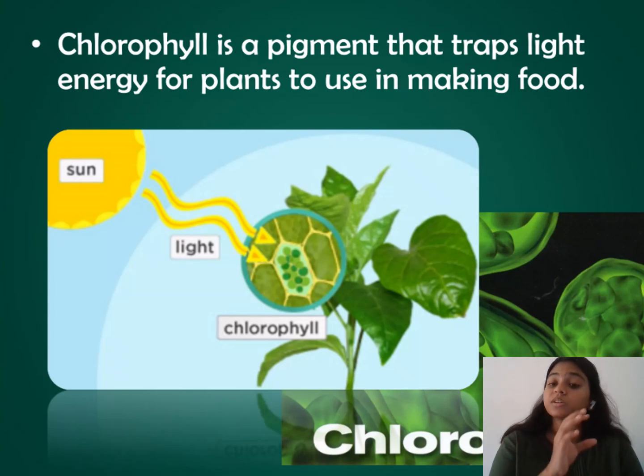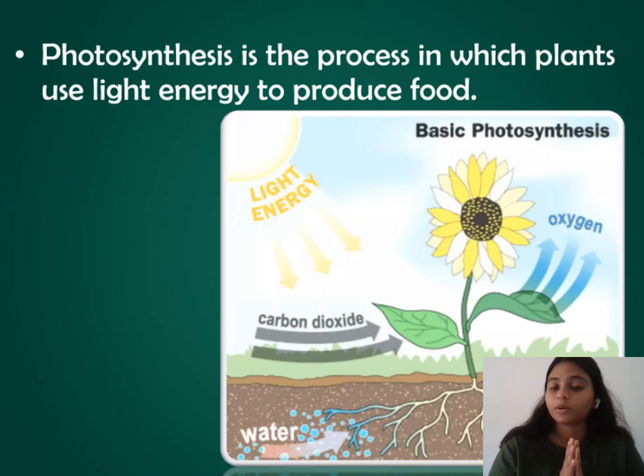Chlorophyll is the one which traps the light energy from the sunlight so that plants can use it to make the food. It is also the one that gives green color to the plants. So the definition is: photosynthesis is the process in which plants use light energy to produce food. We can see the diagram here.